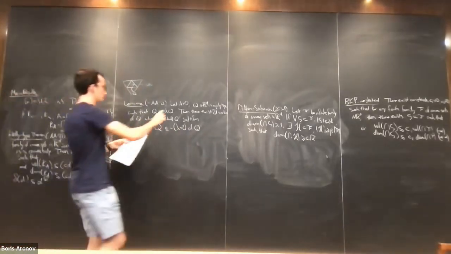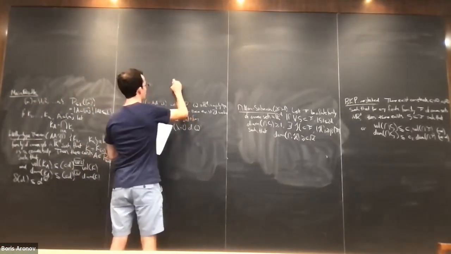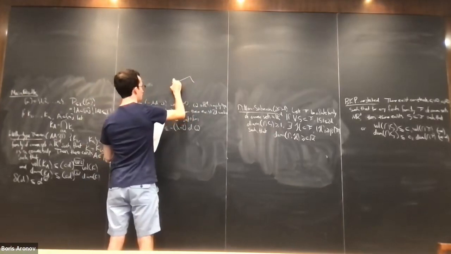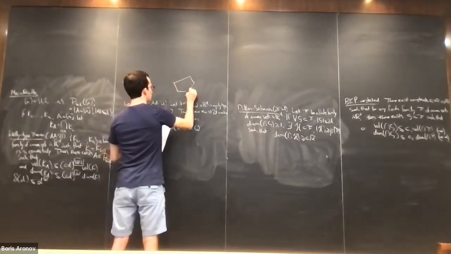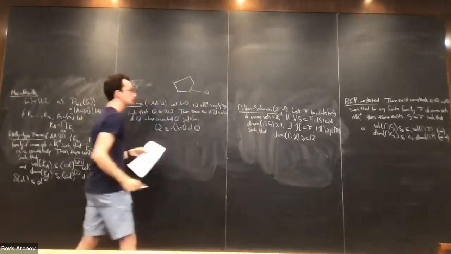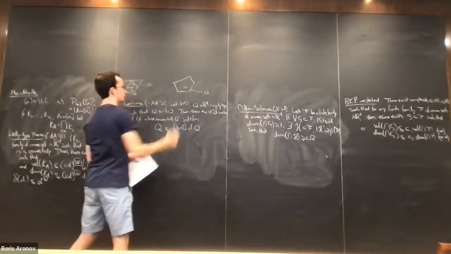So to clarify, let me draw a small picture. Say this is Q, and let's just say this is the origin here.